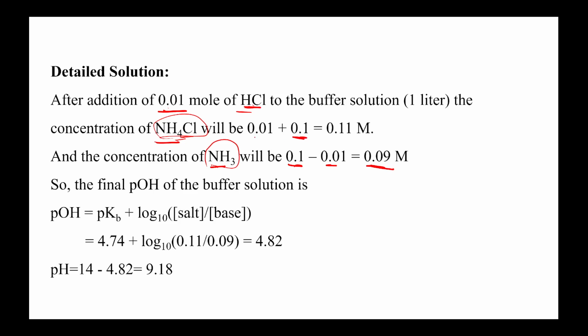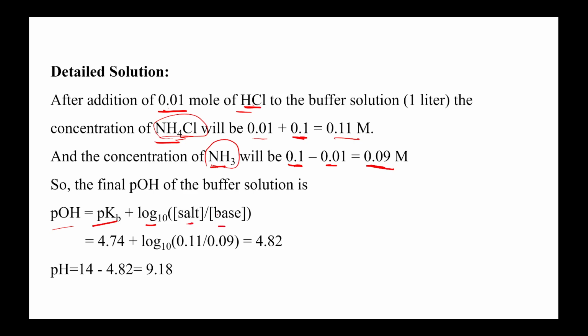So the concentration of salt will be increased by 0.01 moles, and the final molarity of the salt would be 0.11. Now, simply use this equation: pOH is equal to pKb plus log of salt concentration divided by base concentration.